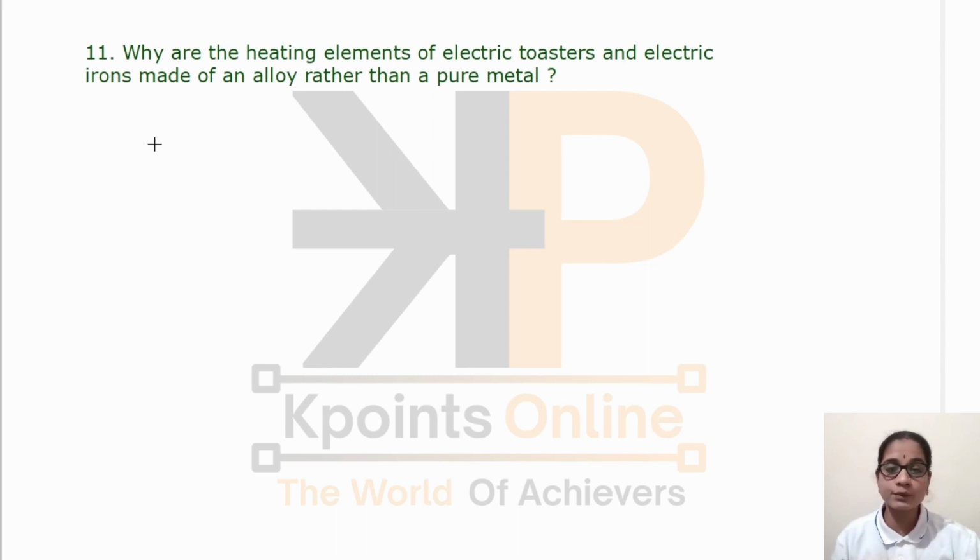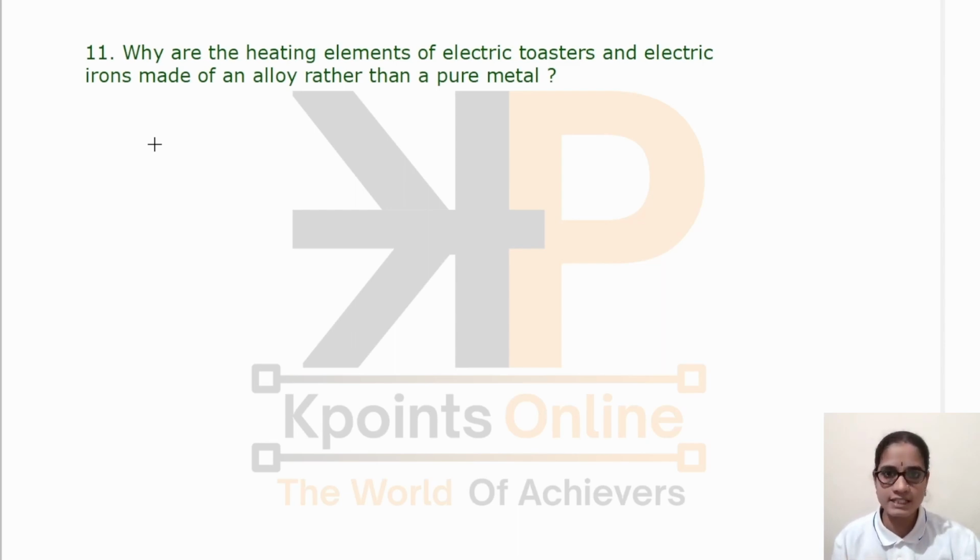The most commonly used alloy is nichrome wire containing nickel and chromium. Now the question is, why are these made up of alloys rather than simply pure metals? The answer is, the resistivity of alloys is greater than that of pure metals, which implies that the resistance of these alloys is greater than the pure metals.